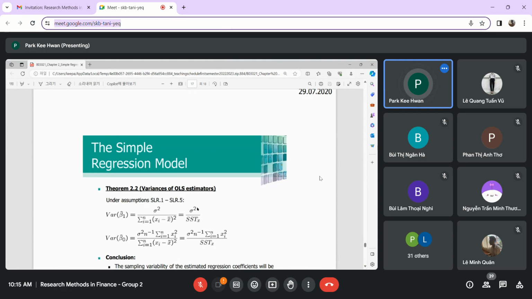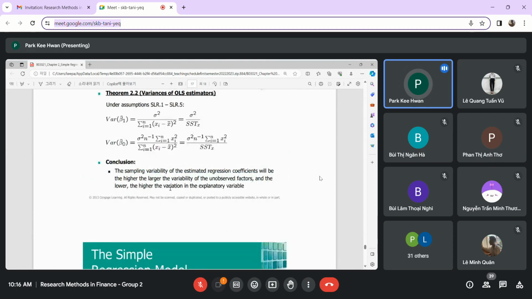When the value of the numerator goes up, the variance of the estimator will go up. That makes a lot of sense. When there is a lot of uncertainty in the error term, the estimate will be more imprecise. In other words, you'll have a greater variance of the estimate.